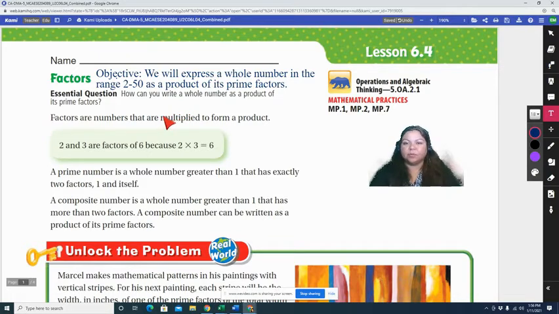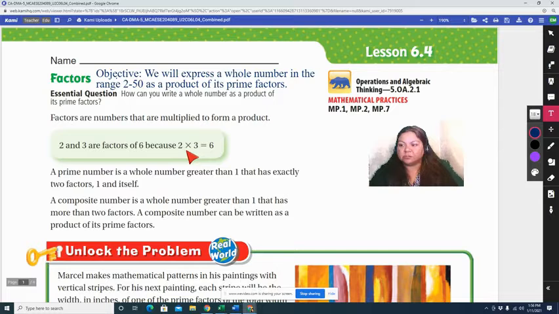The first thing that we want to analyze is, what does factors mean? So when we're talking about factors, we're talking about multiplication. These are the numbers that we multiply together to get a product. The product is the answer to a multiplication problem. So here we have factors are numbers that are multiplied to form a product. 2 and 3 are factors of 6 because 2 times 3 equals 6.